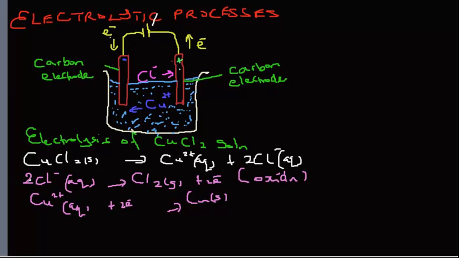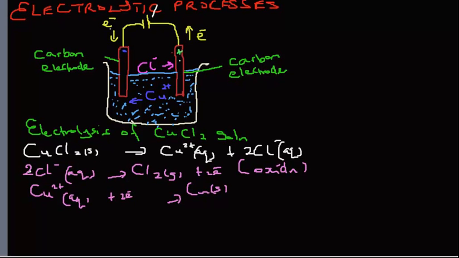Right? So what we have now is that our copper 2 plus has been reduced to copper solid. This one is the cathode, although in our electrolytic process the cathode is negatively charged. So the reaction taking place here is a reduction reaction.